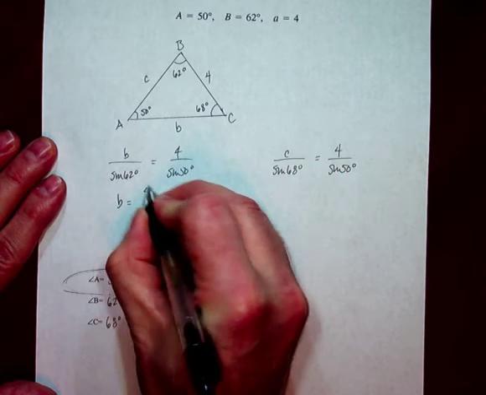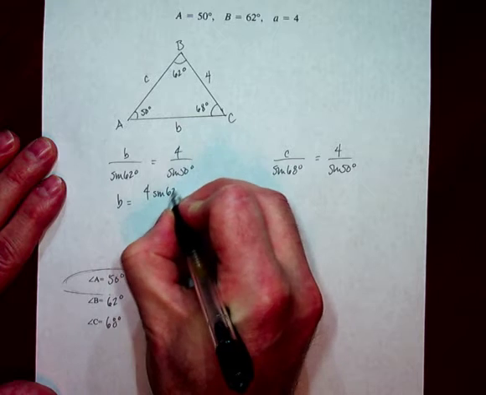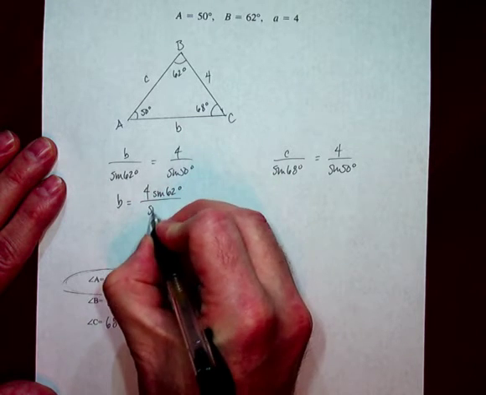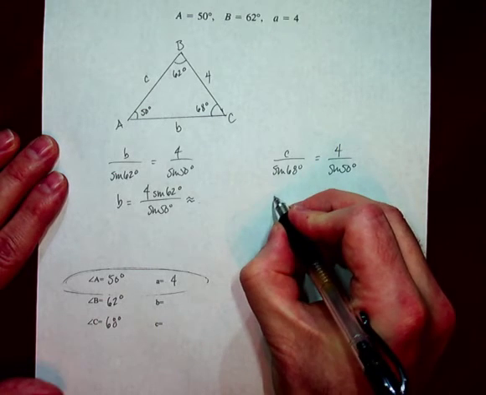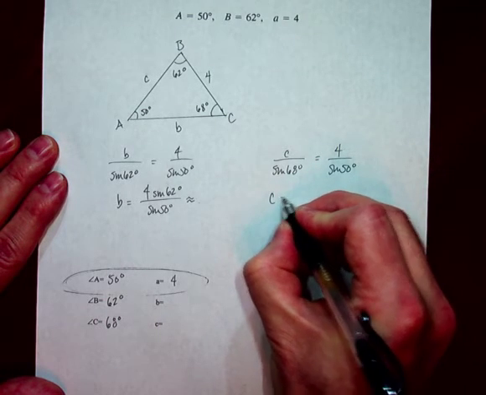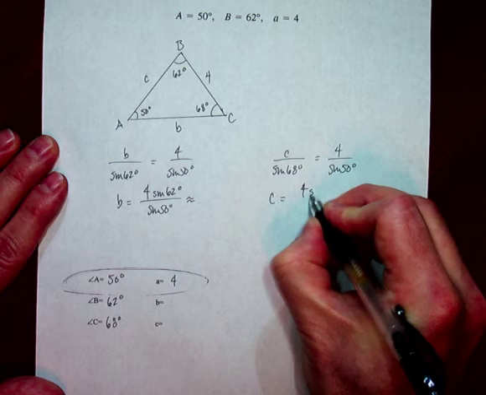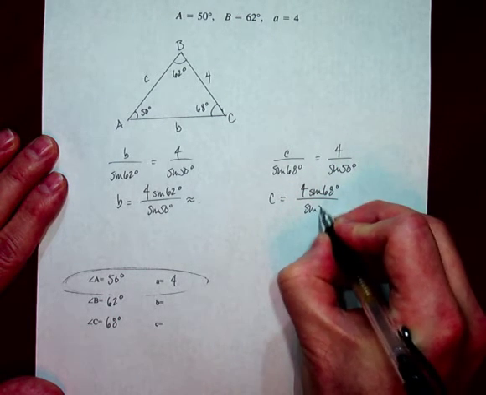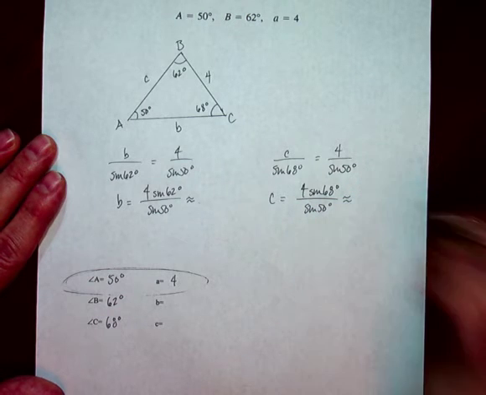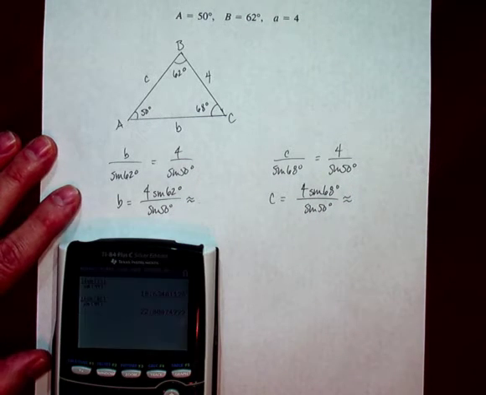Now, all I have to do is multiply both sides by sine of 62 degrees, and I can find my decimal approximation. Same thing over here with C. I'm going to multiply both sides by the denominator on the left in order to get a complete ratio that can be plugged into my calculator and evaluated and approximated.